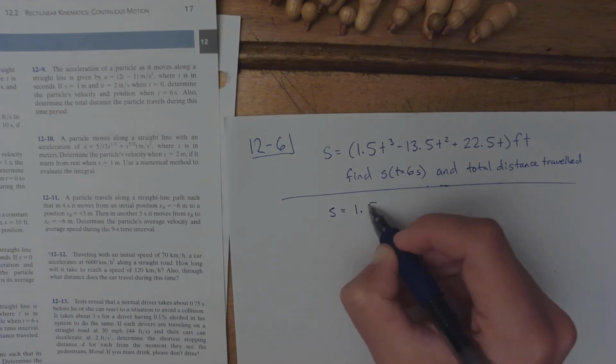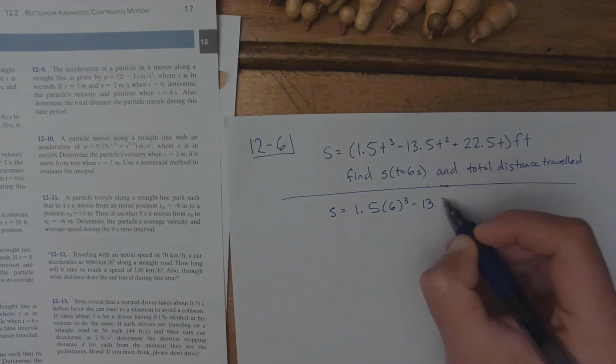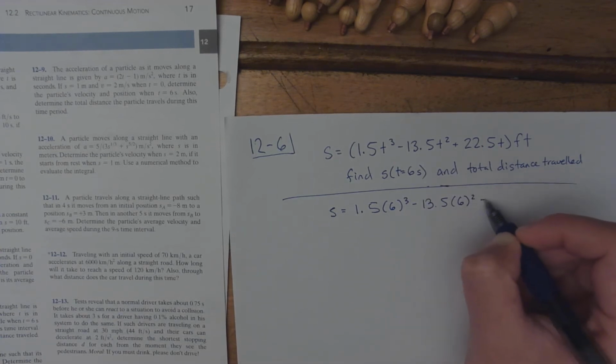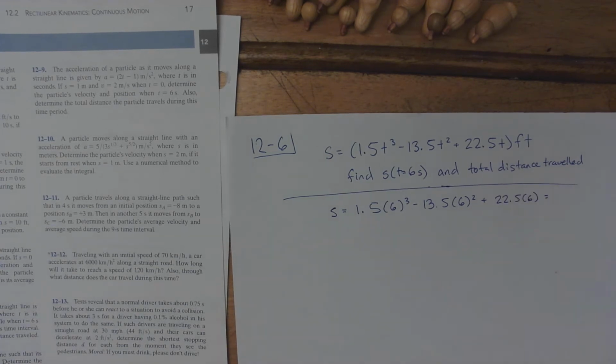So we have 1.5 times 6 cubed minus 13.5 times 6 squared plus 22.5 times 6. And for that, you should get negative 27 feet. If you plug in time in seconds, the position is in feet.